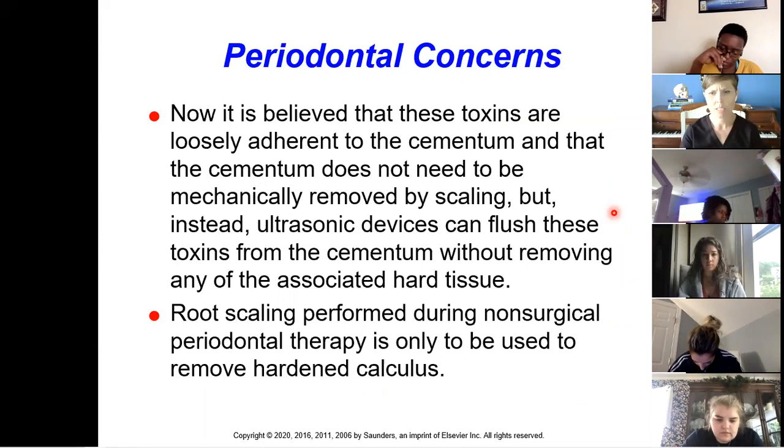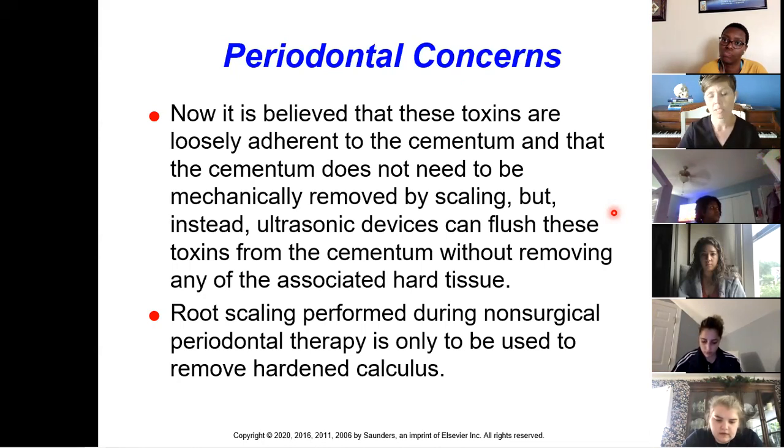Periodontal concerns. Let's see, I'm going through all of them. Okay. Now it is believed that these toxins are loosely adherent to the cementum, and that the cementum does not need to be mechanically removed. So when I was in school, and this was a long time ago, they taught us to have a very smooth root surface.